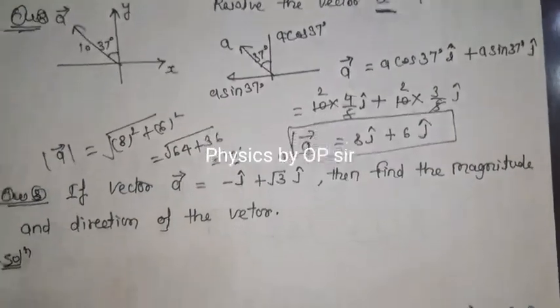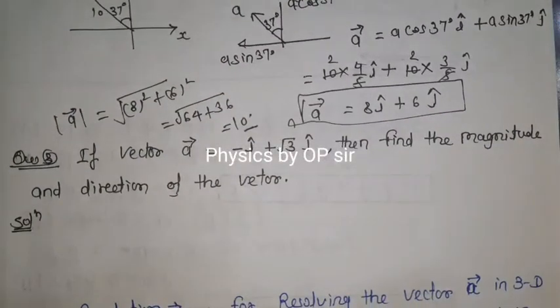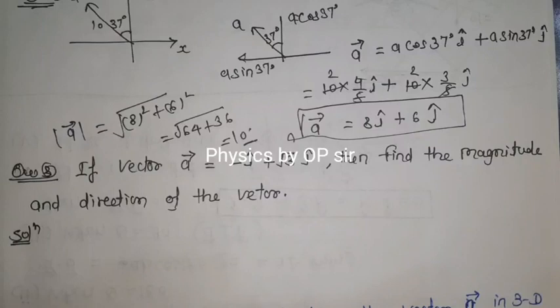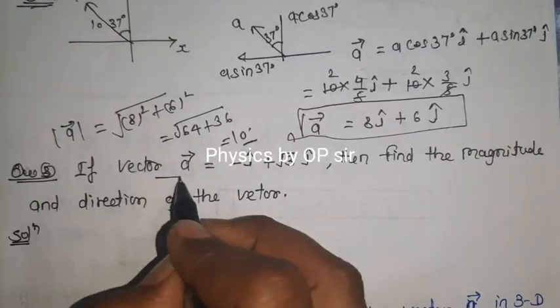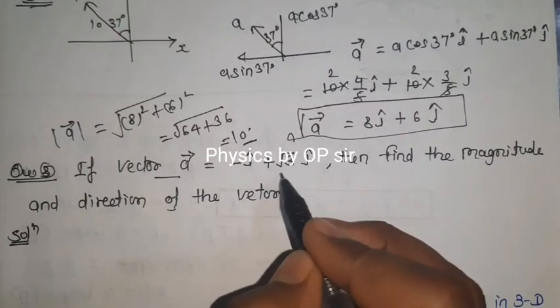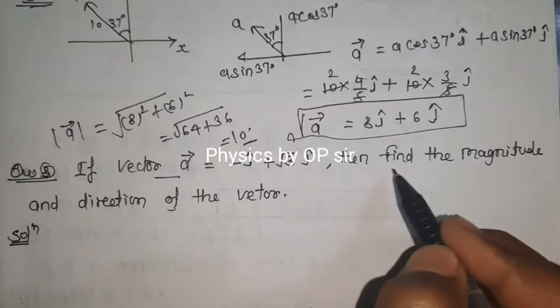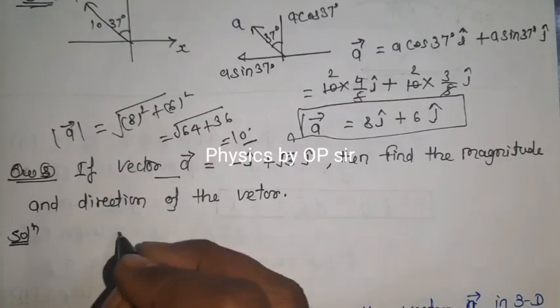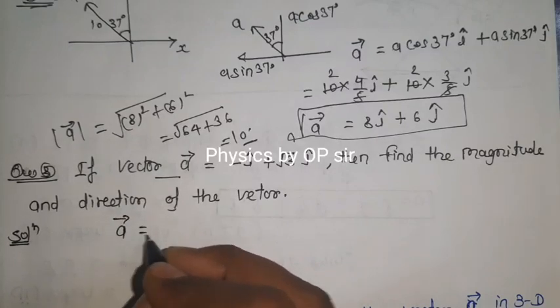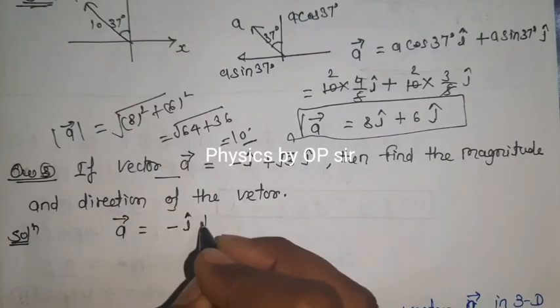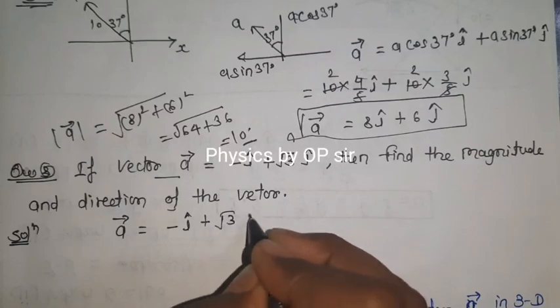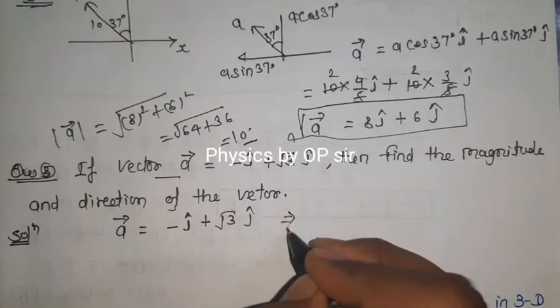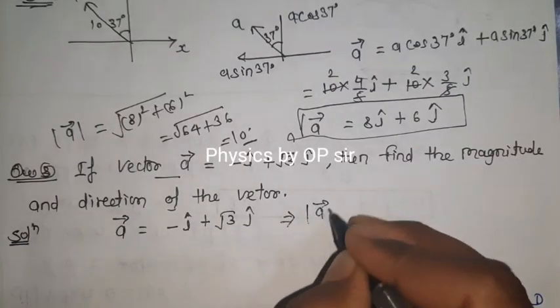So now we are doing the next numerical problem. In this question, the vector a is given as minus i cap plus root 3 j cap, then find the magnitude and direction of the vector. It is a very easy question. How can we find the magnitude?